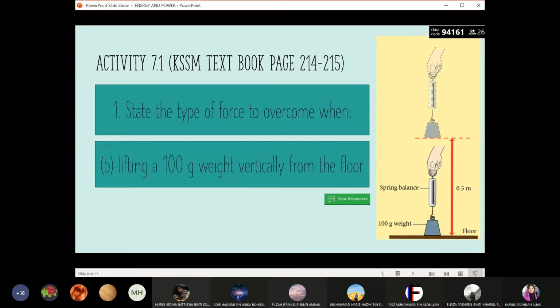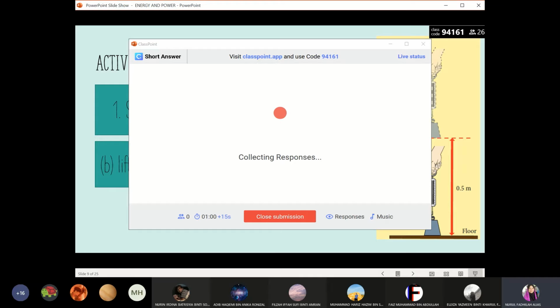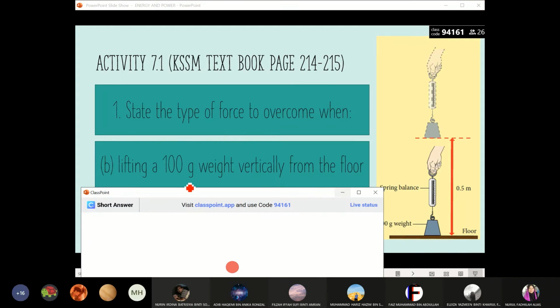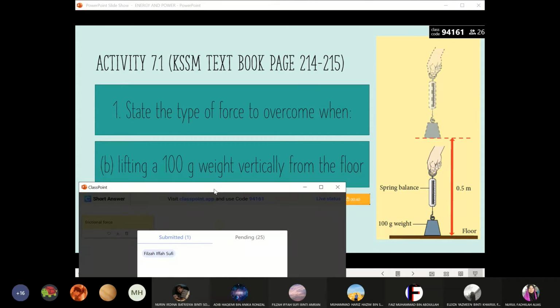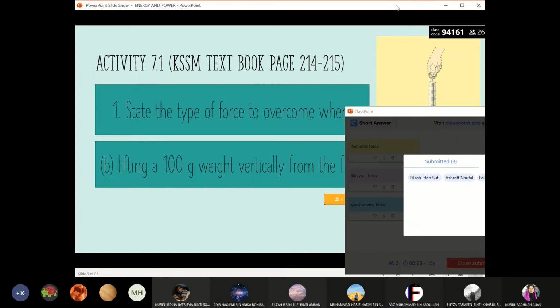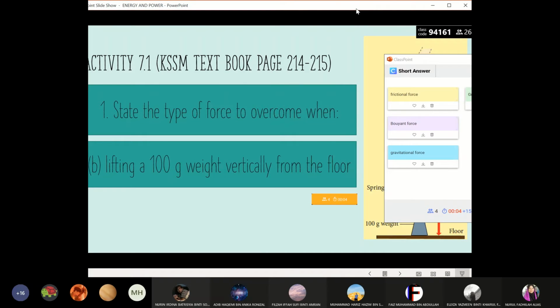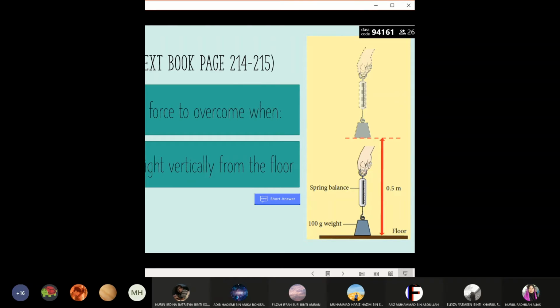Next. Now, this is the second activity. What is the type of force to overcome when lifting a 100 gram weight? What do you want to overcome? Gravitational force, drag force.